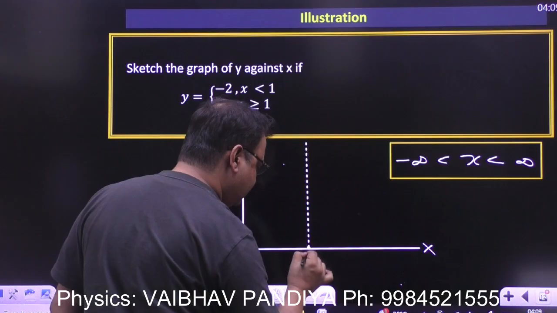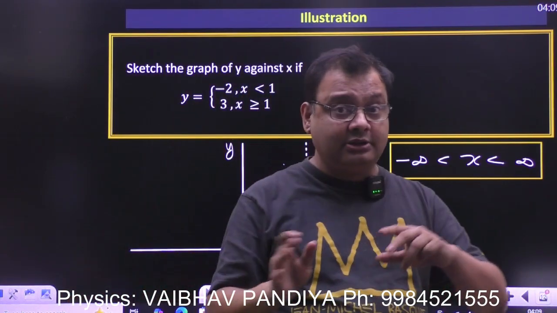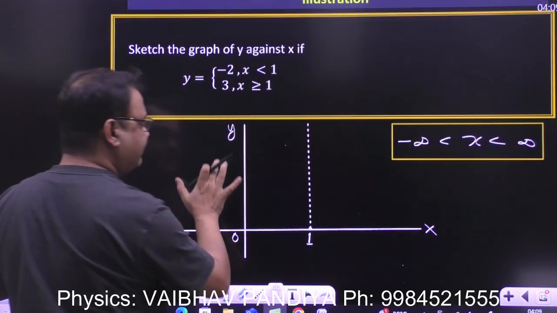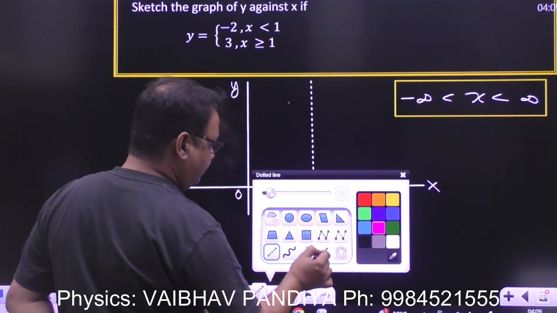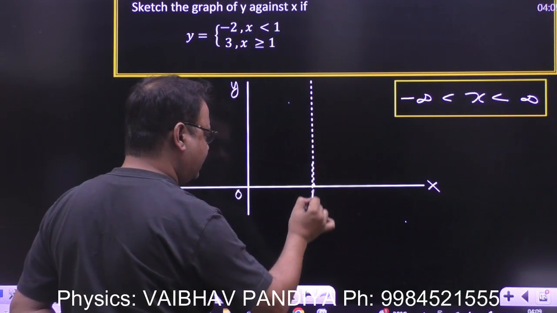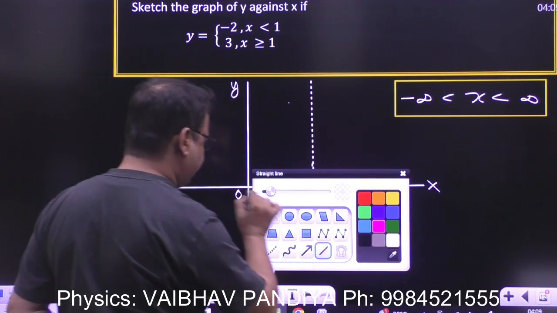Okay, this is 1. Now see, when x is less than 1, the equality is not present at 1. So when x is less than 1, we have y as a constant function. Let me go a little below also, because we have to get some negative value of y, correct?